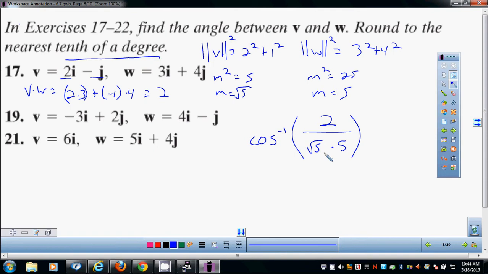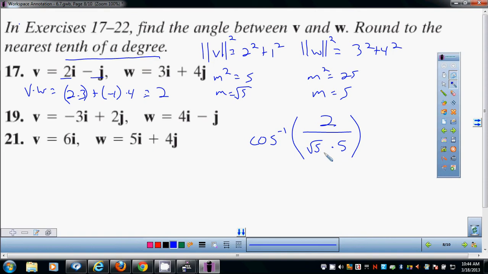It's good. Now, I think it's like 79 point something, right?